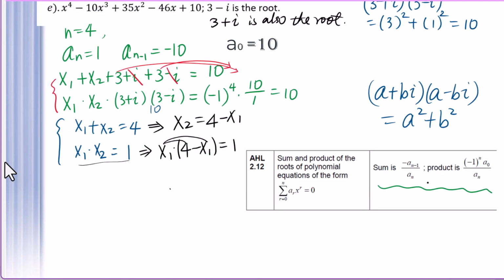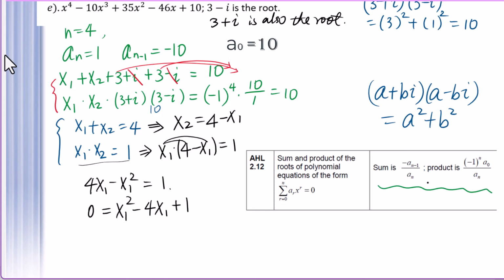Distributive property: 4x1 minus x1 squared equals 1. Then move everything to the right side so that the coefficient of x1 squared is positive: x1 squared minus 4x1 plus 1.